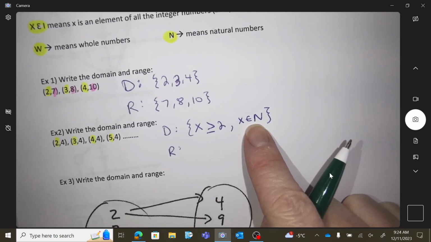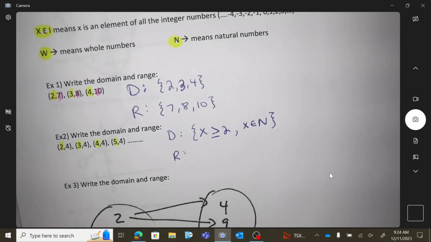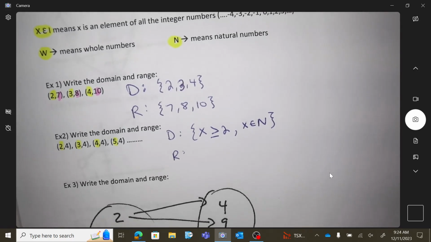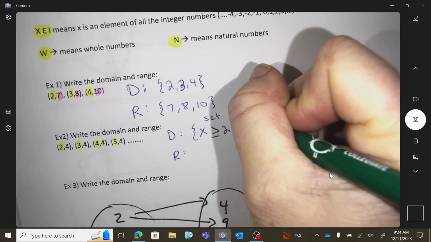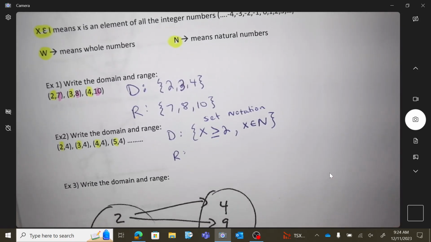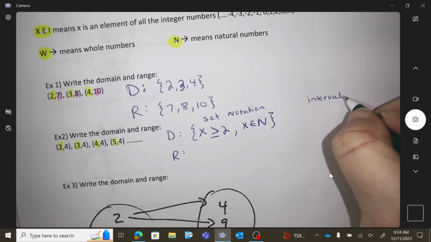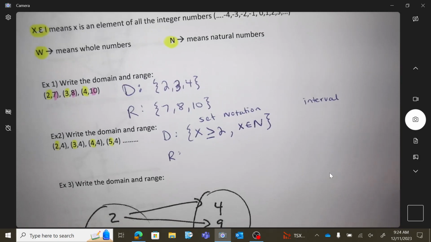Okay, I'm going to write this in a different way as well. So that is called set notation. And now I'm going to write it as an interval as well. So now I'm going to write it as an interval. So where do I start and where do I go to?